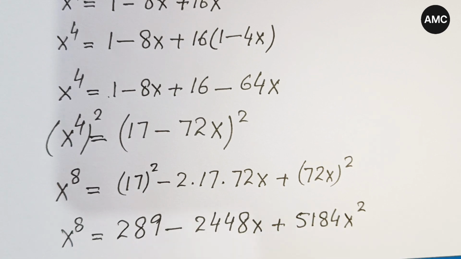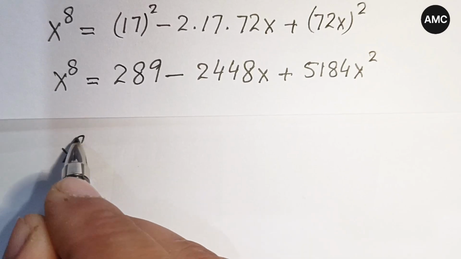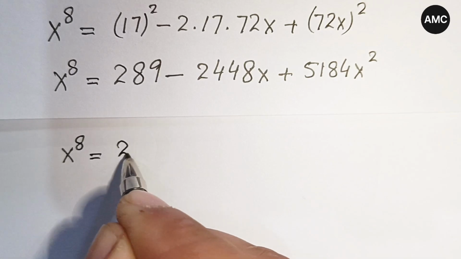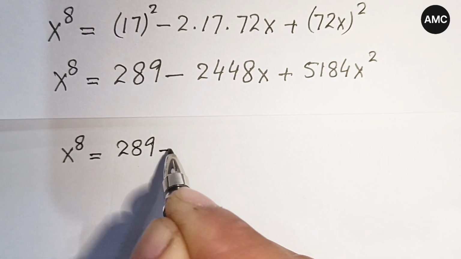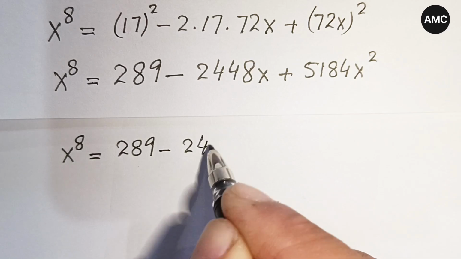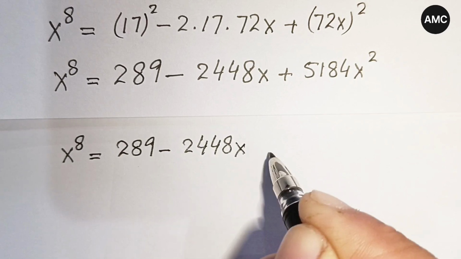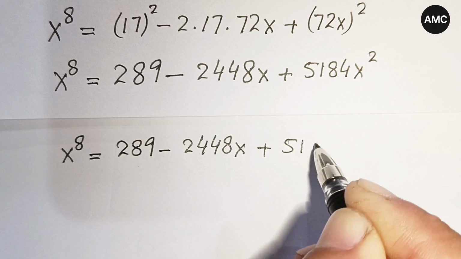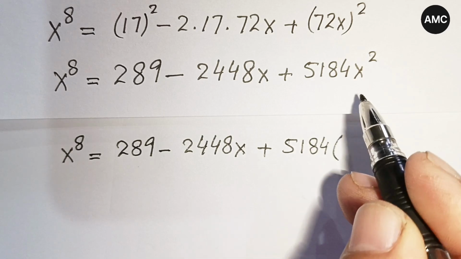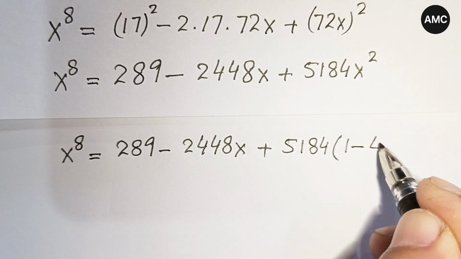Now here we are again putting the value of x squared, which is 1 minus 4x. x to the power 8 is equal to 289 minus 2448x plus 5184 times x squared, which is 1 minus 4x.